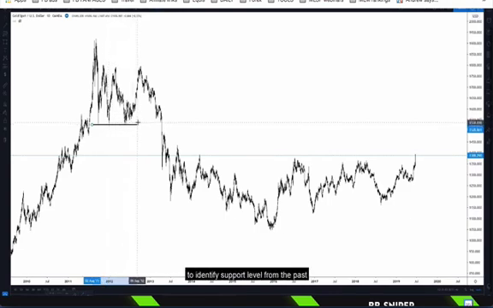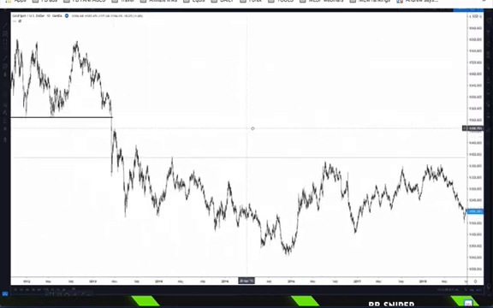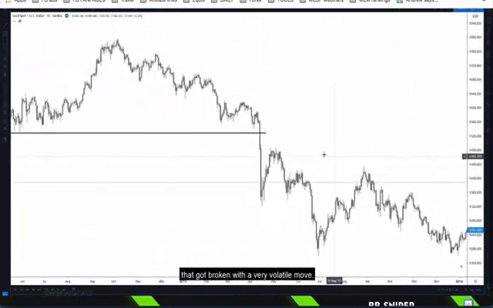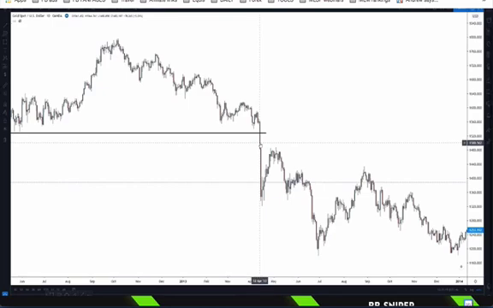We have this really easy to identify support level from the past that got broken with a very volatile move, where in that single day, April 12th, 2013, the price of gold dropped over 5%, the equivalent of a $78 per ounce decline. And if you margin trade, that would be the equivalent of about 780 pips.